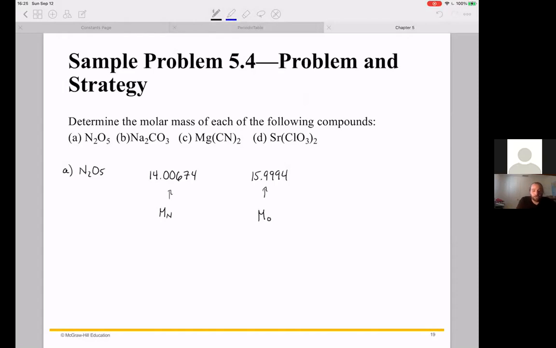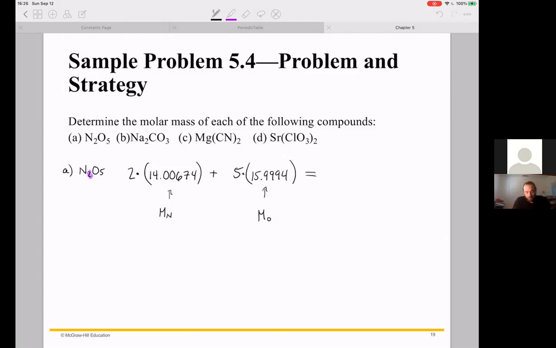And now I'm going to add these together, but before I do that, I'm going to make sure to multiply by each of the relevant subscripts, right? So there's 2 nitrogens plus 5 oxygens. So this is what I'm going to punch into my calculator. And again, you're going to get in the habit of running this all in one thing.